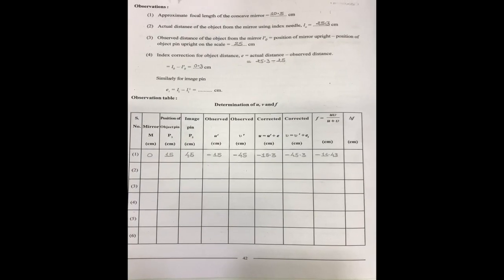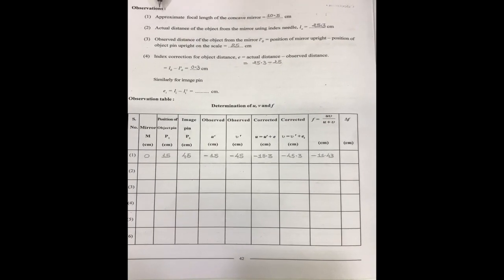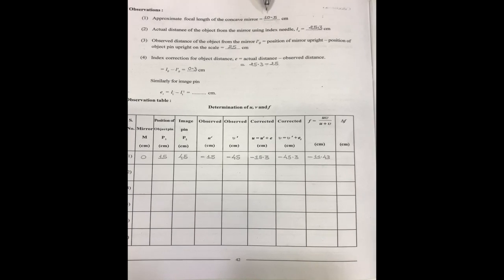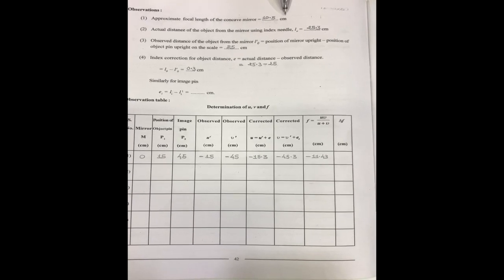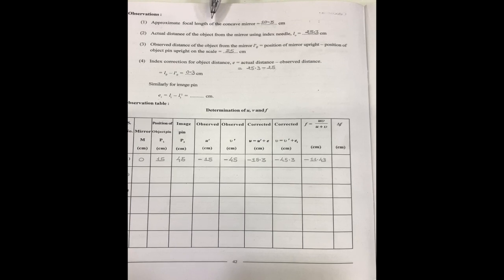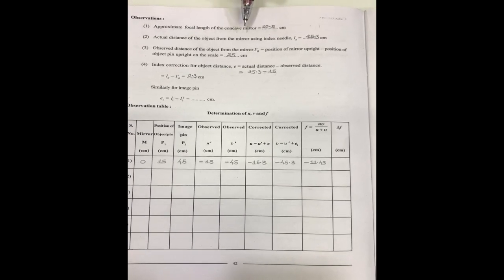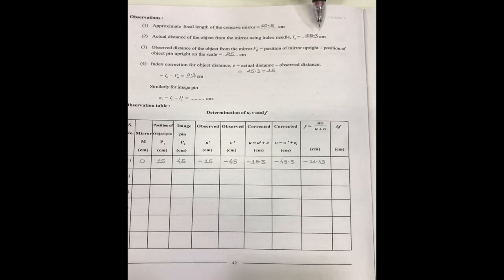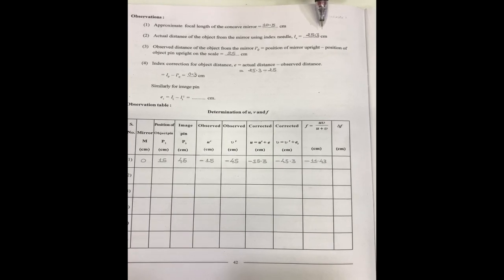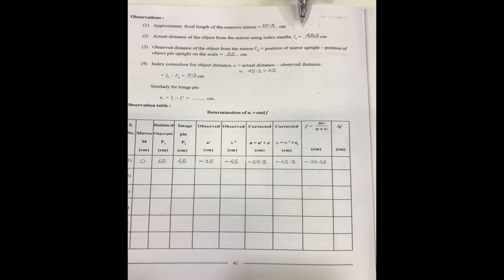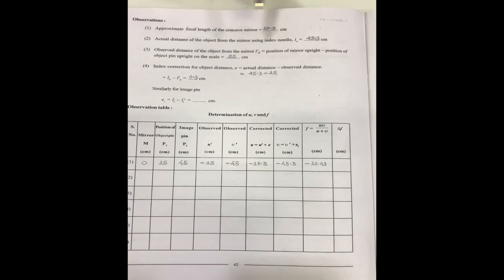Now in our experiment, we measured approximate focal length 10.5 centimeter. Then actual distance of object from the mirror that we measured 25.3. That is the distance from the pole to the object pin.